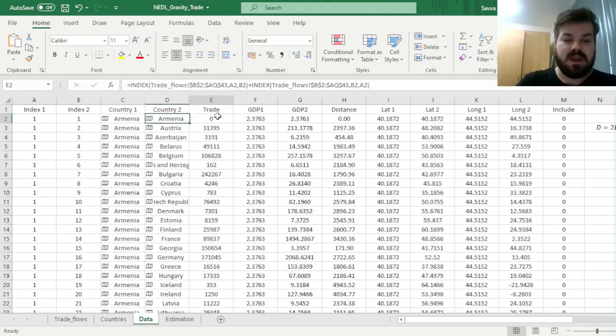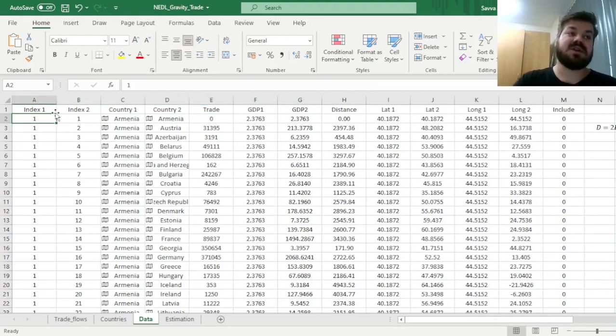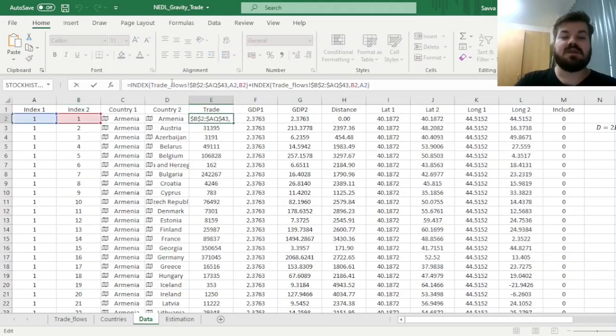First of all, we use those indices, which is the index of country 1 from 1 to 42 and index of country 2 from 1 to 42 as well, to retrieve the trade flows from the matrix on the very first sheet. As we do not care which way the trade goes, we only care about the total volume of trade, so we sum both of the elements, basically mirror images.